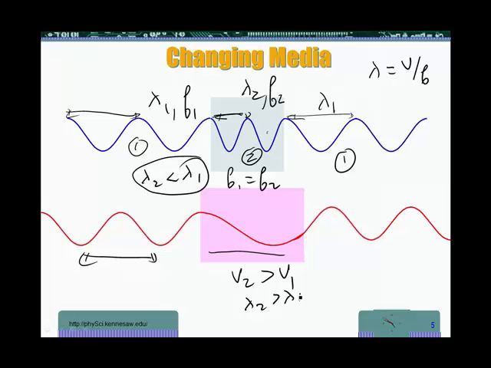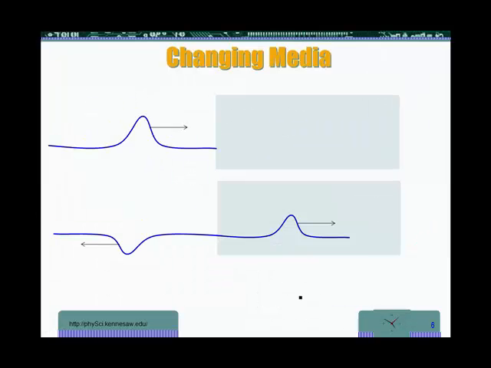Now, another thing to remember that's going to be useful to us, especially when talking about removing glare, anti-glare coatings, and then when we talk about the colors on the butterfly, like we mentioned before, is what happens to the actual wave as it goes from one medium to another.